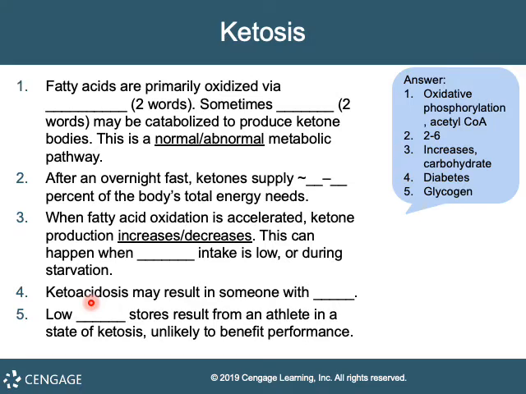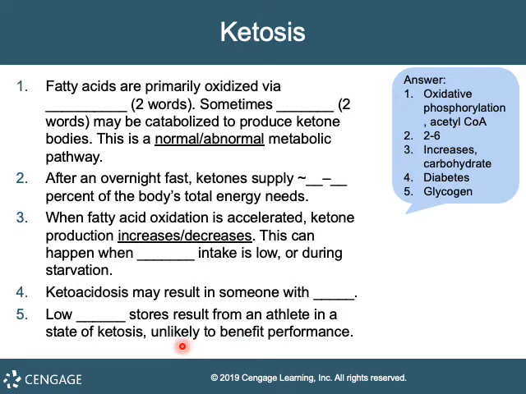Low glycogen or carbohydrate stores result from an athlete in a state of ketosis, and therefore it's unlikely to really benefit their performance. Now, there are some researchers out there that promote the lower carb diets for athletes.